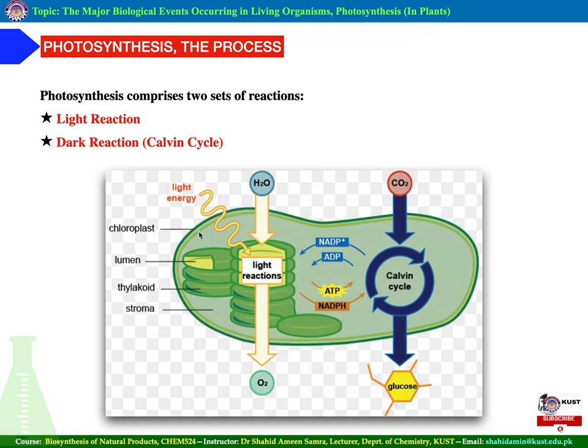Inside chloroplasts, this whole process happens. So the machinery that is actually responsible for the photosynthesis process is known as the grana or thylakoid. We will discuss this further. So this light reaction happens within these thylakoids, whereas the dark reaction happens within the stroma, that is the main body of these chloroplasts.